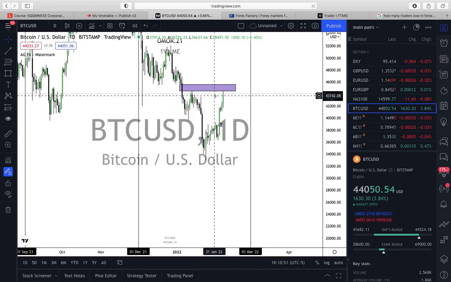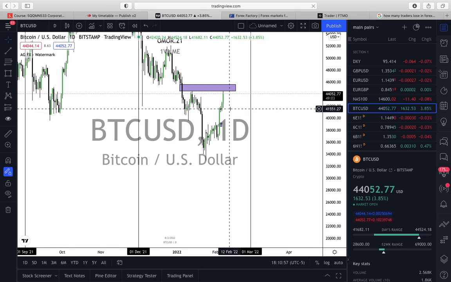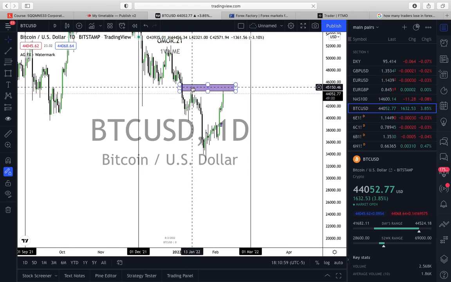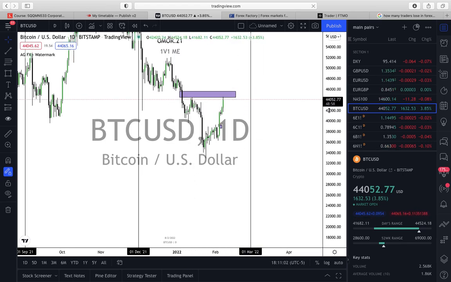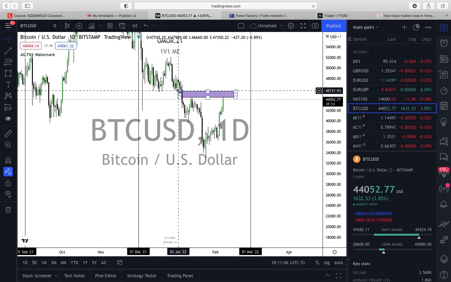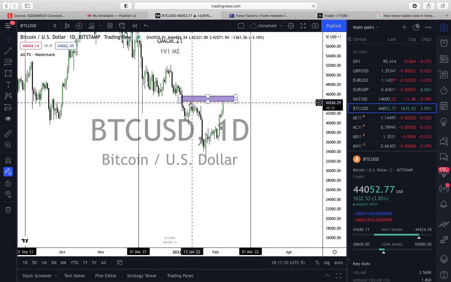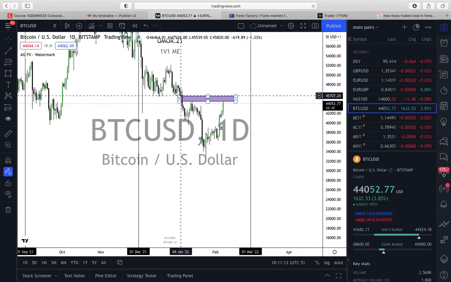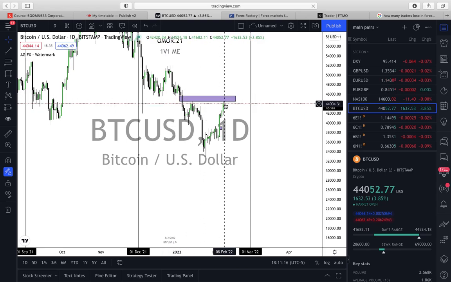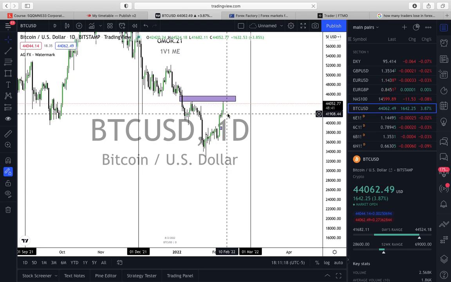I'm assuming by the end of the week, I'd want to see Bitcoin start going to the downside. I want to see it fill this gap. It could fill this gap if it goes straight past this, yeah? But I want to see it fill this gap, possibly tag this, and then go to the downside. That's what I want to see for Bitcoin.